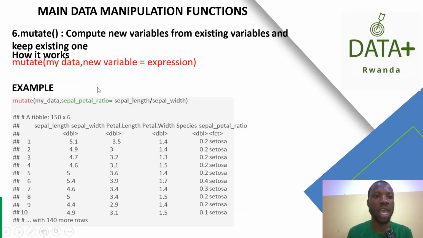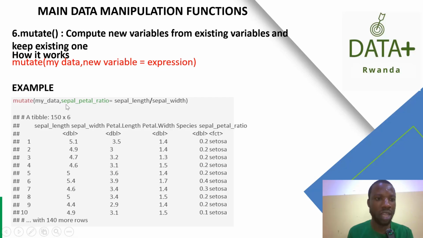And then mutate, we are trying to compute new variables based on existing ones and keep the existing ones. So we are generating the new variable based on existing and also keeping the existing. We use mutate and we put the name of the dataset, the name of the variable that we are going to create, and put expressions like the calculations or formulas or the conditions that we are going to use to generate that new variable.